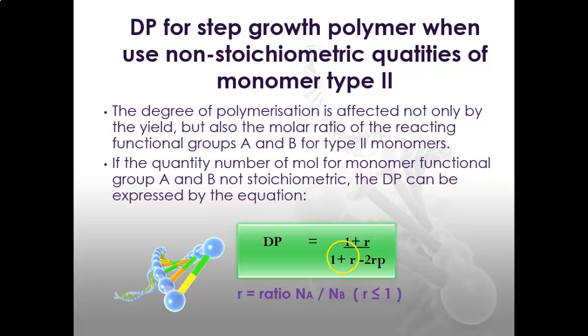Okay, r is actually given by NA initial divided by NB initial, and the r value must be equal to or less than 1. r is actually the number of molecular chain, and we also call it the stoichiometric imbalance. So there are two names for r: number of molecular chain and also stoichiometric imbalance.